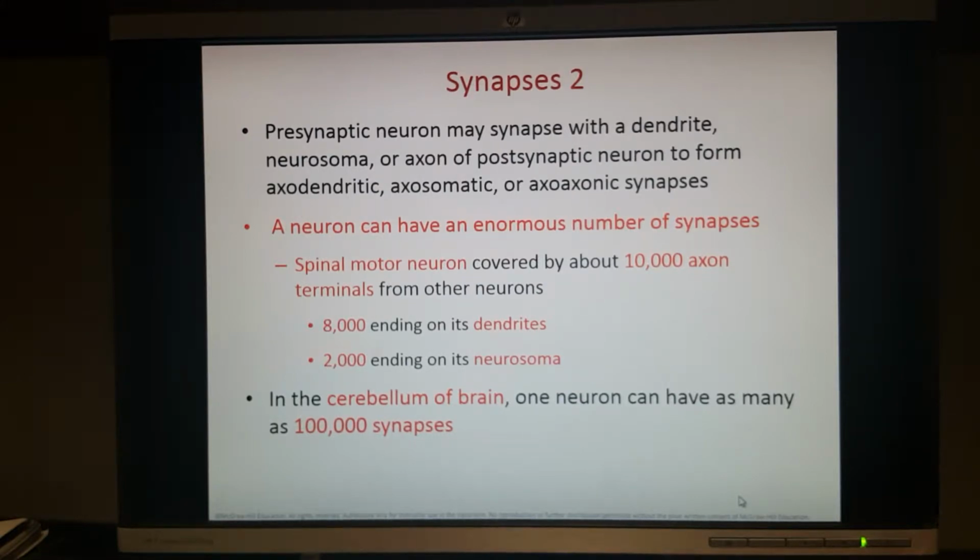In the cerebellum, when we get to the brain chapter, the neurons are organized so tightly, in that little wrinkly part at the back of your brain, that one neuron can have as many as 100,000 synapses.